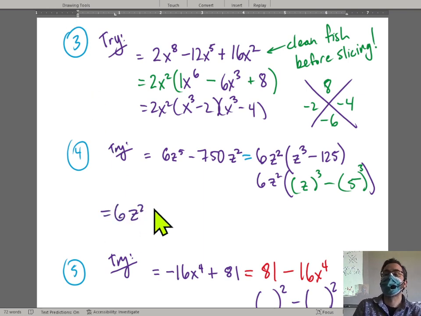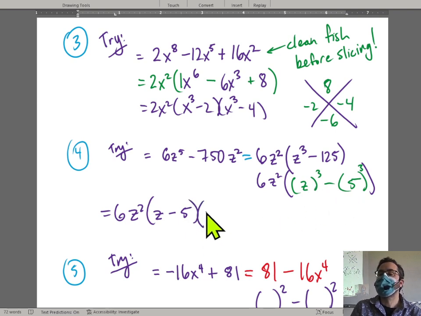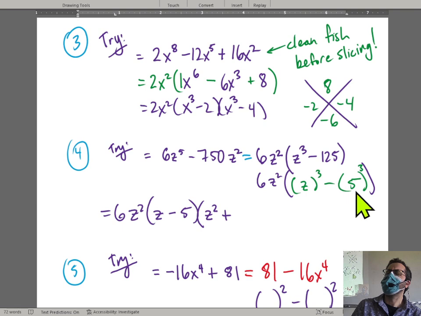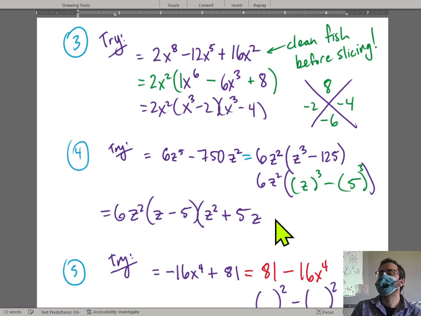This will be 6z squared, and when it's minus, I think it's z minus 5, because it's like a minus b, and then this is a squared, so this will be z squared, and then this will be plus, good, George, ab, which is just 5z.